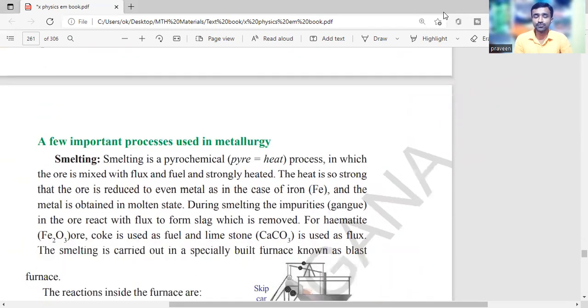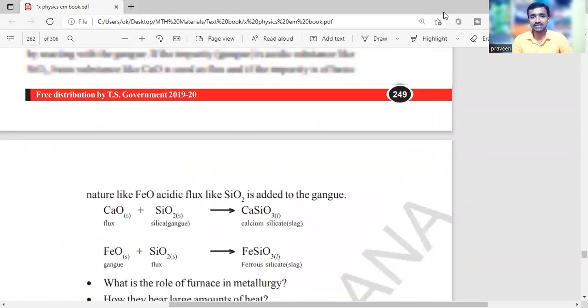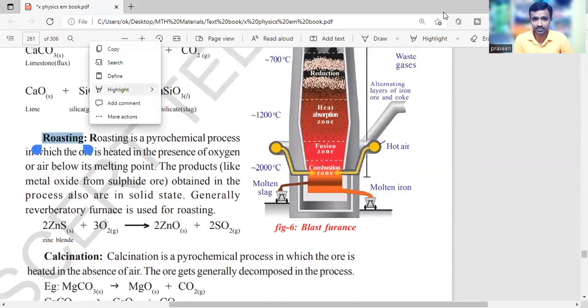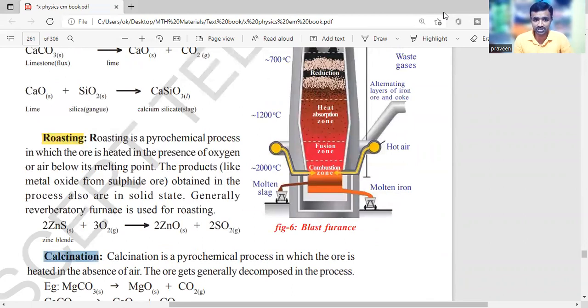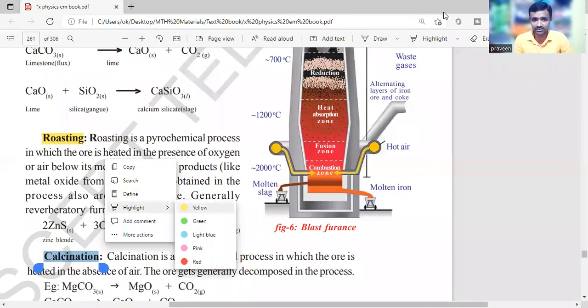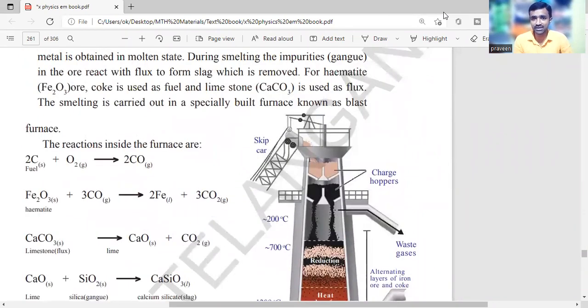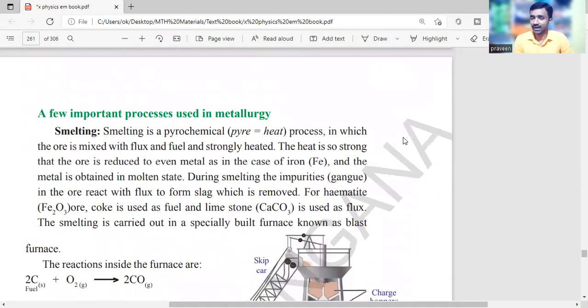Next, we have a few important processes. I discussed two processes in previous classes: roasting is completed and calcination is also completed. Then we are discussing the two remaining important things. That is smelting, and one more is about a device which can carry out the roasting process, that is the reverberatory furnace.